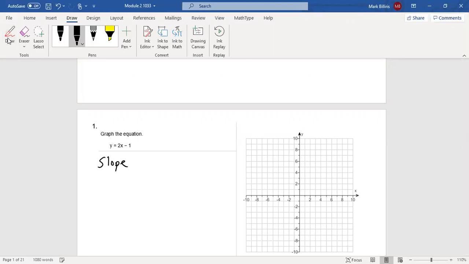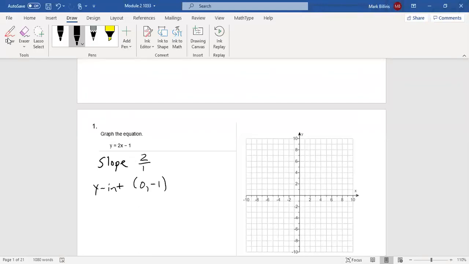And remember, our slope is the value in front of your x variable. So in this case, our slope is 2. But for purposes of graphing, I'm going to write it as 2 over 1. And my y-intercept is shown here, and it's negative 1. So the coordinates of my y-intercept are 0, negative 1.